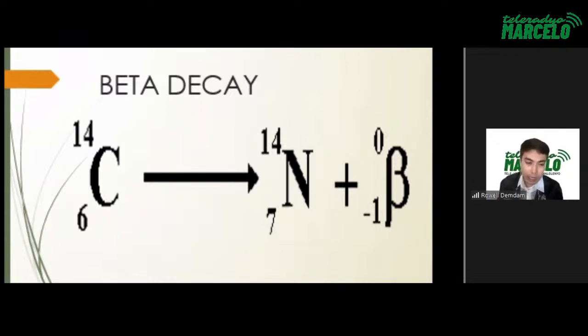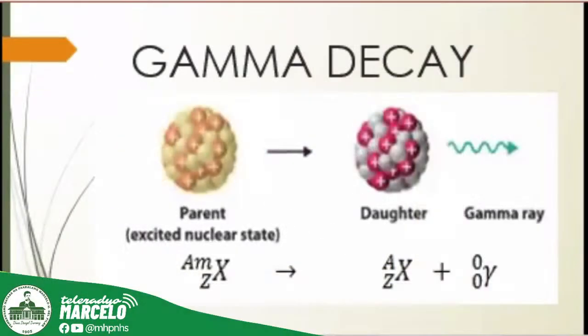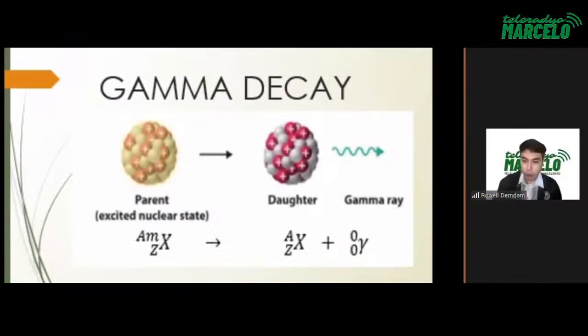So lastly, we have a type of radioactive decay, which is the gamma decay. What kind of radioactive decay is this one? When an atomic nucleus undergoes gamma decay, no particles are ejected from the nucleus. Instead, a high energy form of electromagnetic radiation, which is a gamma ray photon with no charge, is released.